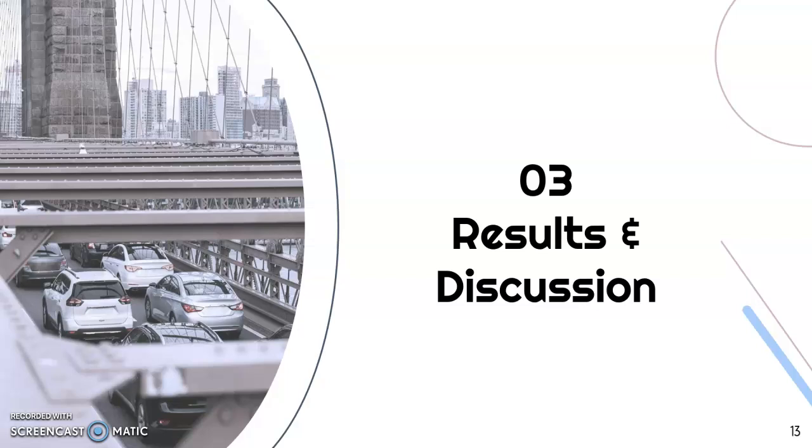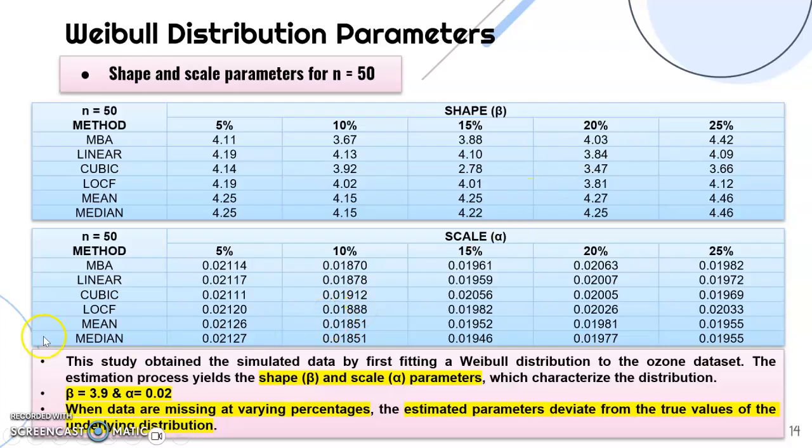Okay, now let's look at the results. This study obtained the simulated data by first fitting a Weibull distribution to the ozone dataset. The estimation process yielded the shape and scale parameters, the beta and alpha parameters, which characterize the distribution.